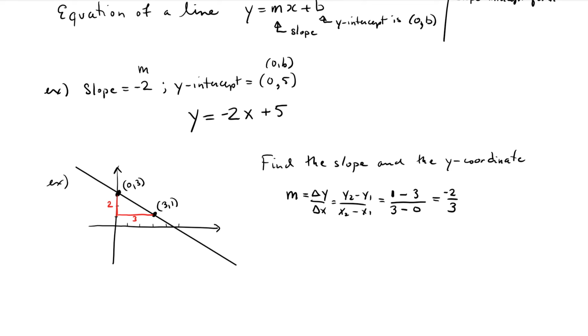And then we want to find the y-intercept. I wrote y coordinate, it's not the y coordinate. I want to find the y-intercept. Okay, so the y-intercept is (0, b), which is in this case (0, 3).